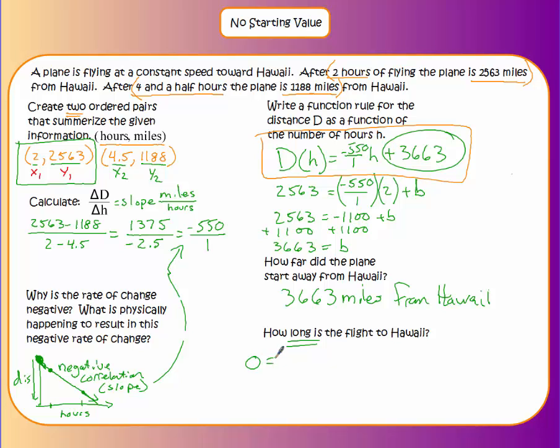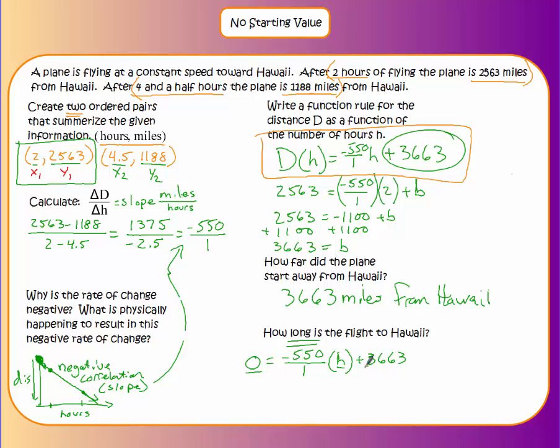All right? And if the rate was negative 550 miles per hour, I want to solve for h, so the h is still here, and I started at 3,663 miles. Let's find out what h is when the distance is 0. In other words, we landed in Hawaii. So how long was the flight?